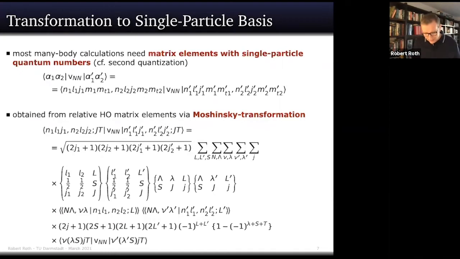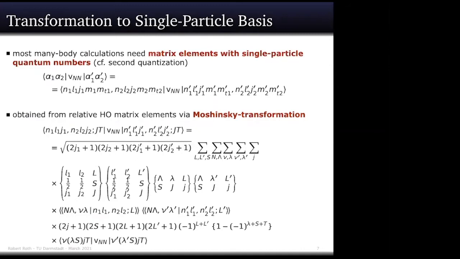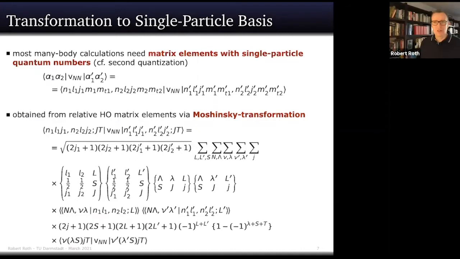So this is something special. And this only exists in simple closed form for the harmonic oscillator. If you pick a different basis, even if it's a spherical basis, you cannot do that anymore. And this is a deep, deep down reason why we always start with harmonic oscillator matrix elements.